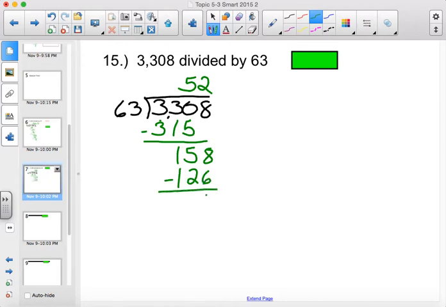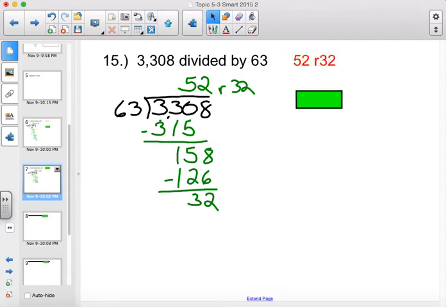Subtract, and you end up with a remainder of 32. So our answer is 52, remainder 32. Erase your board.